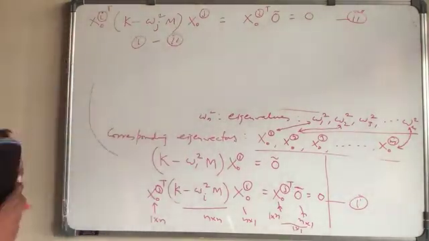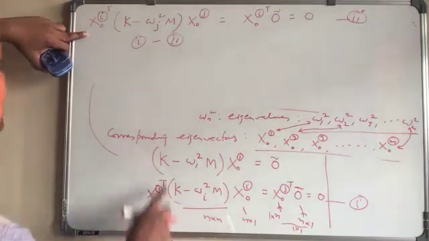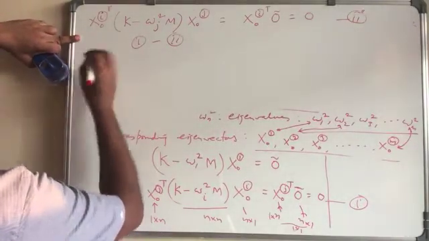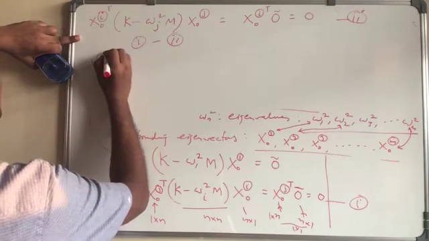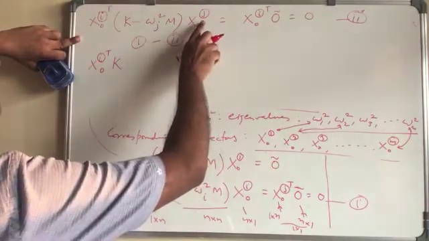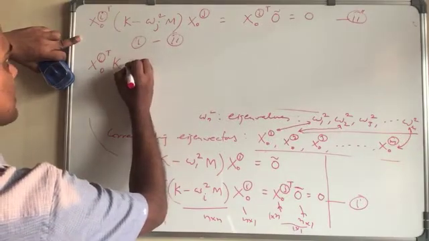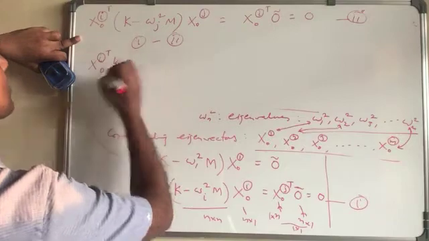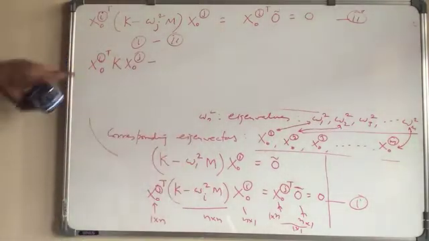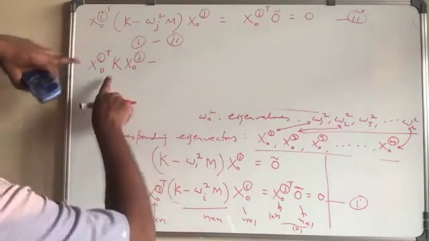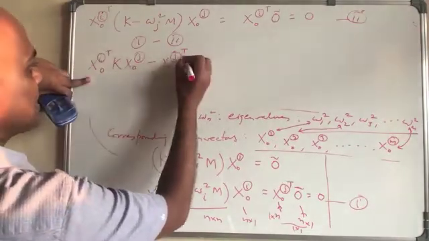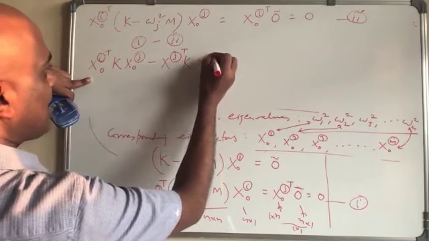Okay, so we will get x naught i transpose k x naught j minus x naught j transpose k x naught i.